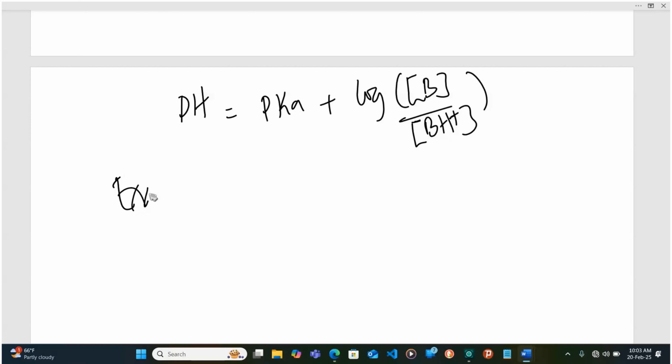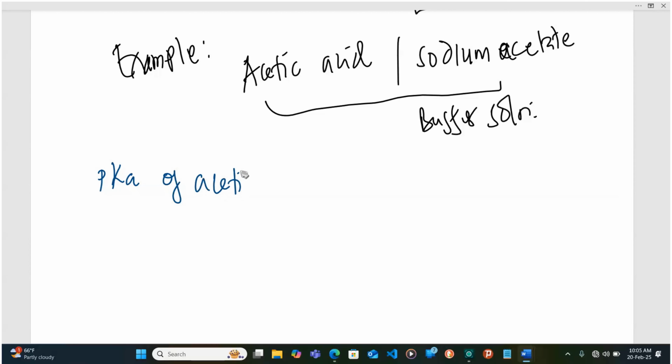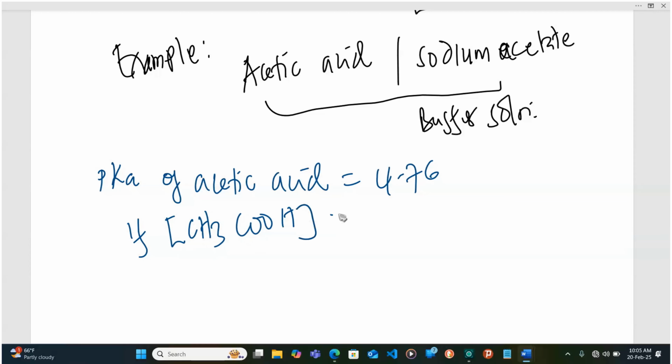Let's take an example. You have acetic acid and sodium acetate. This is a buffer solution. You have a weak acid and its conjugate weak base. The pKa of acetic acid is equal to 4.76. Let's look at the case where the concentration of ethanoic acid is equal to the concentration of ethanoate ions.